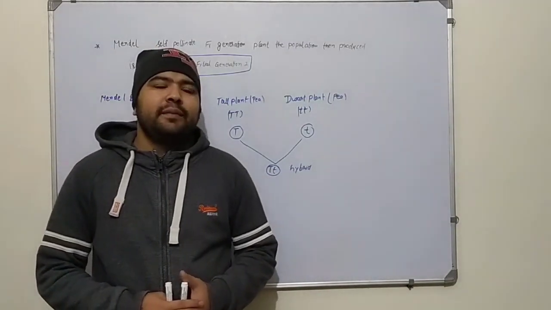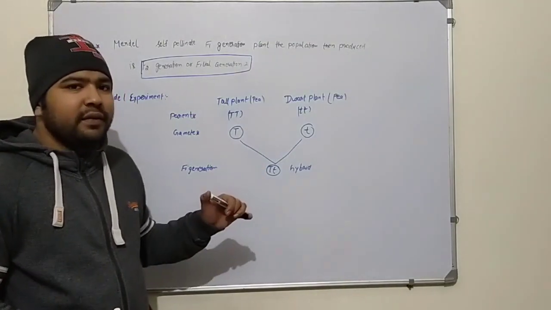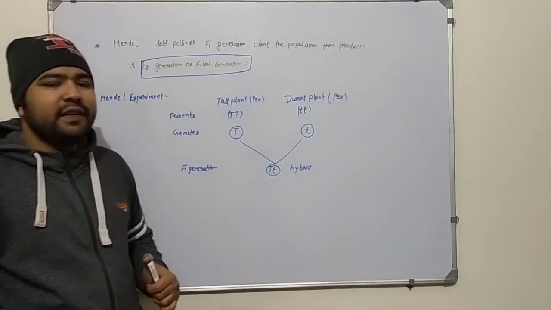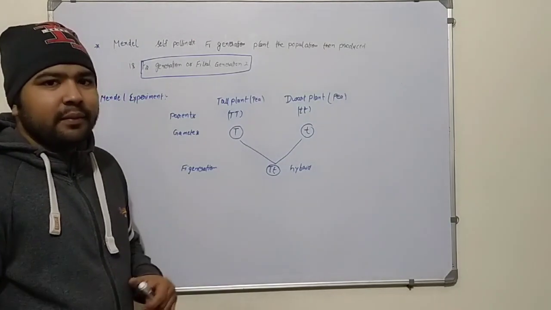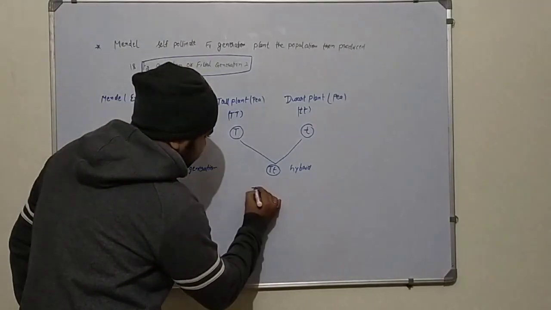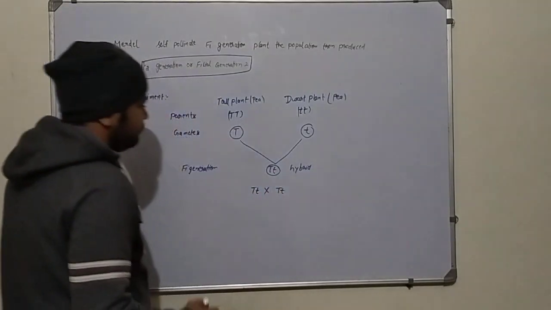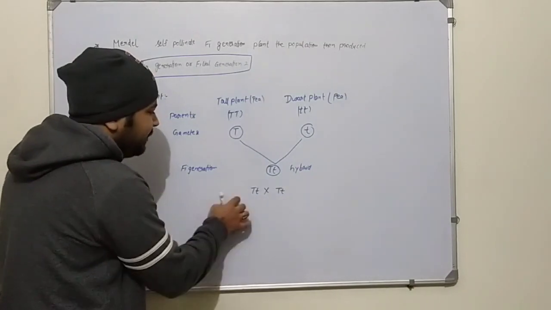When Mendel self-pollinates these hybrids which are produced in the F1 generation, it is called self-pollination. These are the parent plants in it.